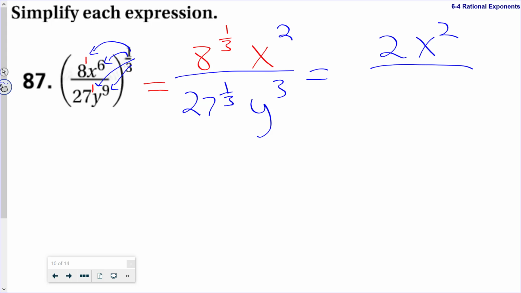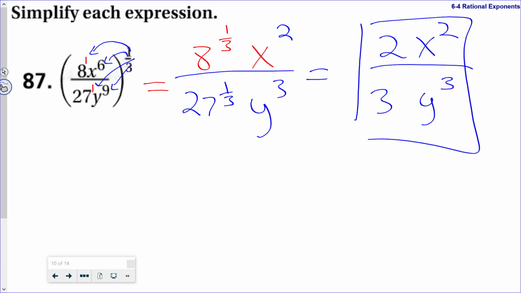What's 27 to the 1/3 power? 3. And you cannot simplify y to the 3rd any further. So 8x to the 6th over 27y to the 9th raised to the 1/3 power, simplified as 2x squared over 3y to the 3rd. That's the last example. Does anyone have any questions?